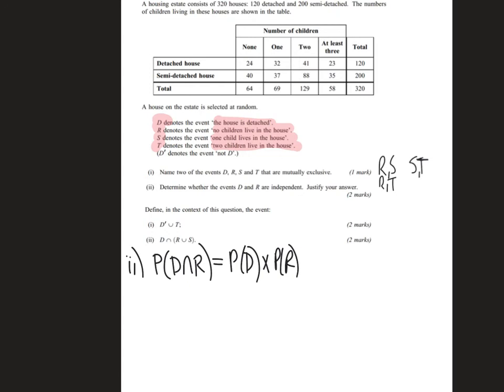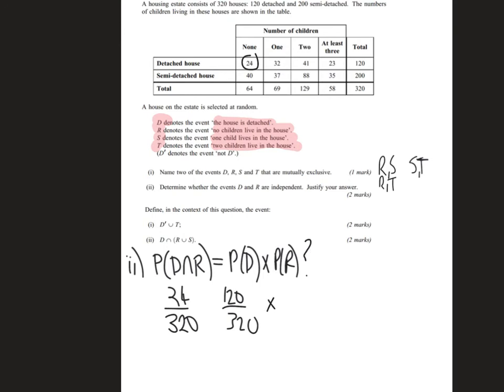Well, D and R, so detached and no children, is 24 out of 320. Probability detached is 120 over 320. Sorry, I shouldn't have put equals there. I'm checking if this works, so I'll put a question mark there.